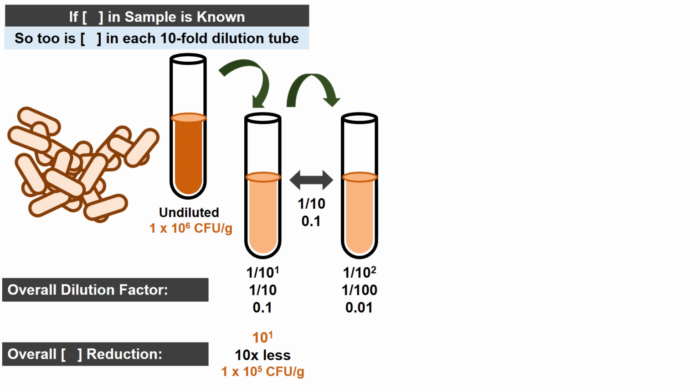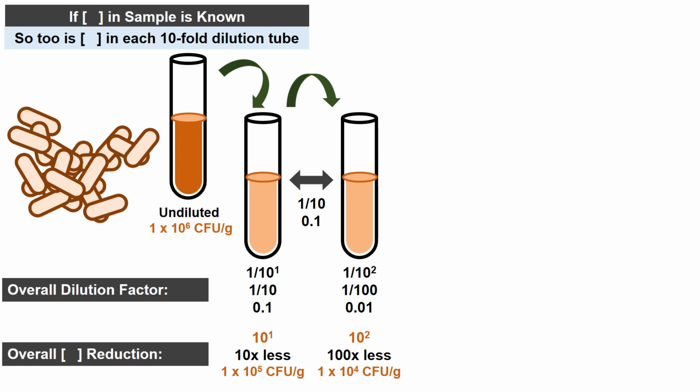It is 100th of what it once was. And if you're following along, you'll now know that the overall concentration reduction is, just as it was before, 100 times less, 10 to the second less than the original tube by creating these two tenfold dilution series.